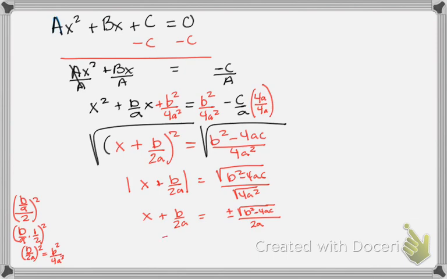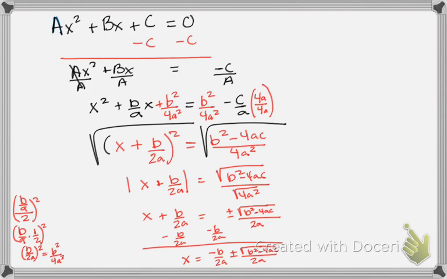I'm now subtracting b over 2a, and we end up with x equals negative b over 2a plus or minus the square root of b squared minus 4ac all over 2a.